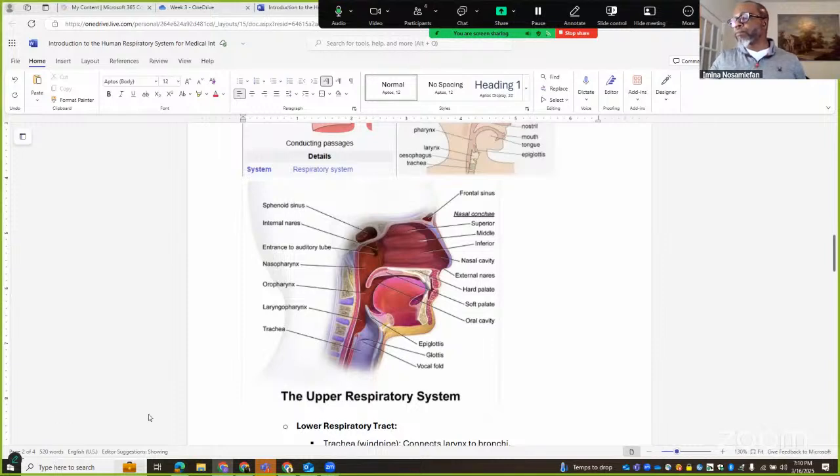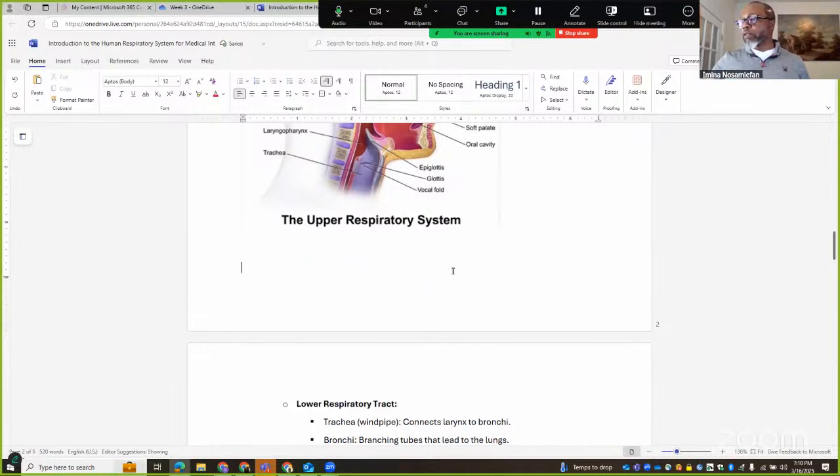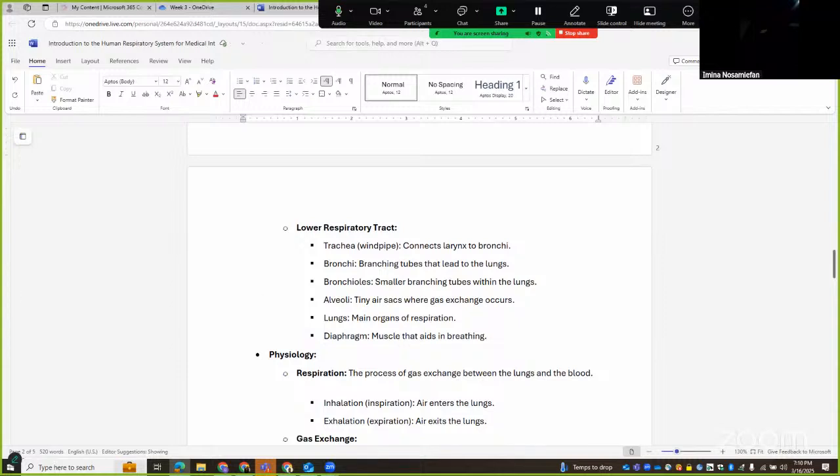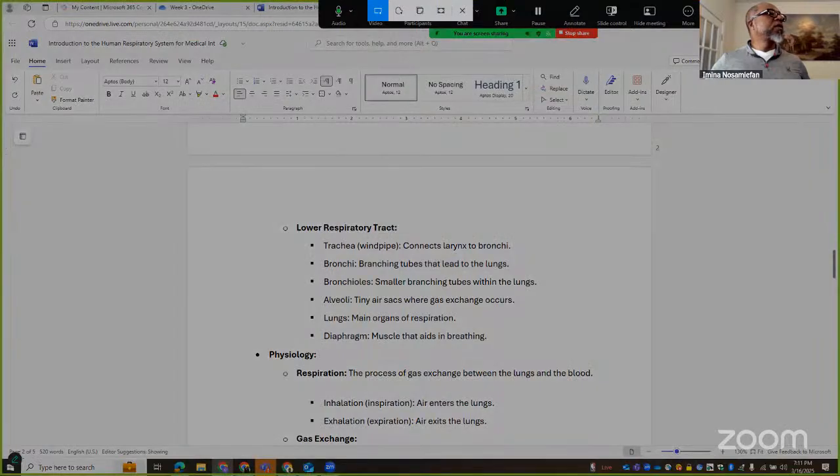And then of course we said the lower respiratory tract is your trachea and then the diaphragm as well.